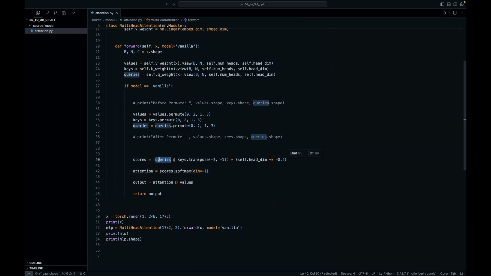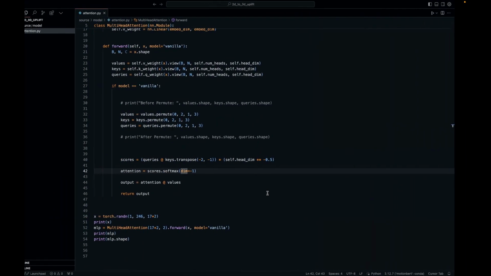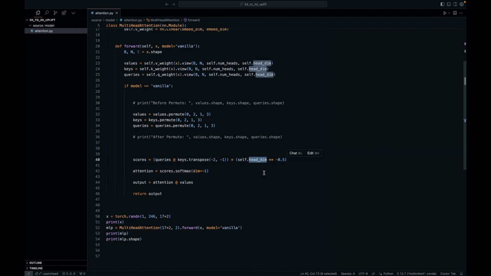We have the queries and the keys, we are transposing the keys and multiplying, and then we are dividing with the root of the head dimension, not just the head dimension, but the root of the head dimension. So this will be our score, how aligned I am with the librarian.